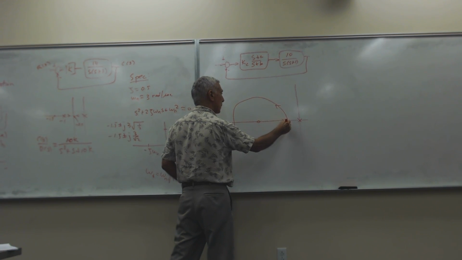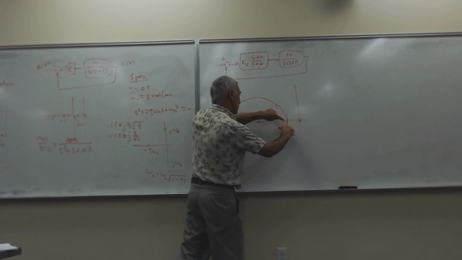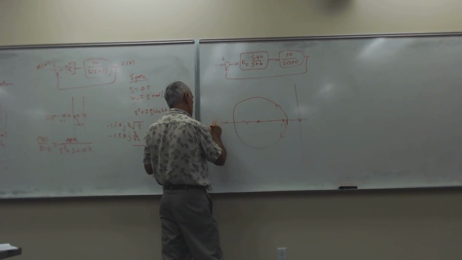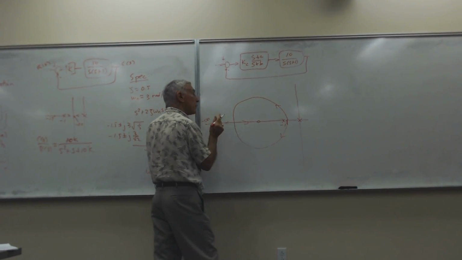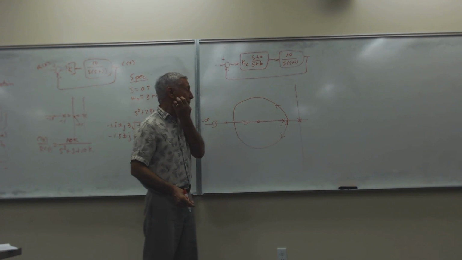Okay, it moves this way and that way, towards the pole at minus infinity and the 0, where k equals infinity.